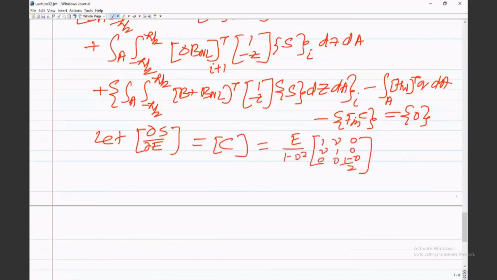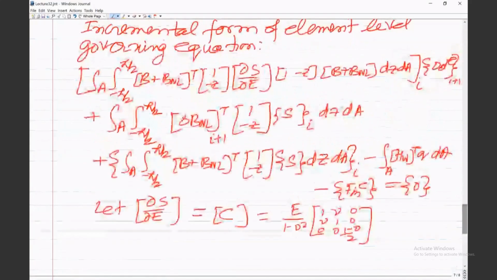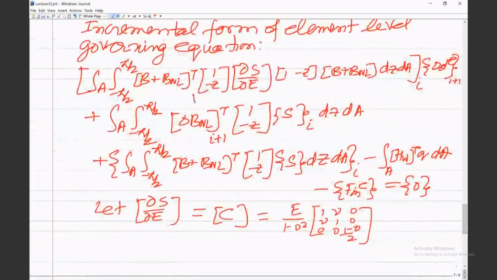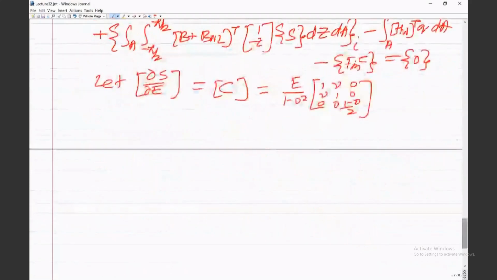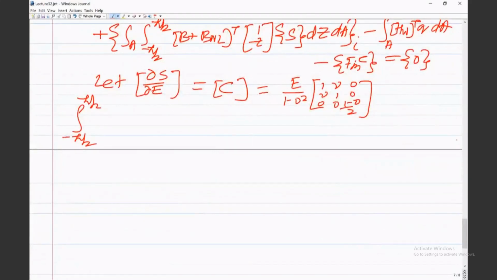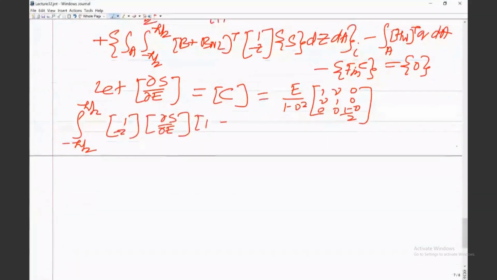So now if we want to look at the various integrations. So here if you look at, we have this matrix over here. So now if you look at this matrix, let me just run through the thickness integration, because that part is only function of Z. So integration from minus h by 2 to plus h by 2, we have 1 minus Z, and then we have this del S upon del E, which we said as C, and then we have 1 minus Z dz.